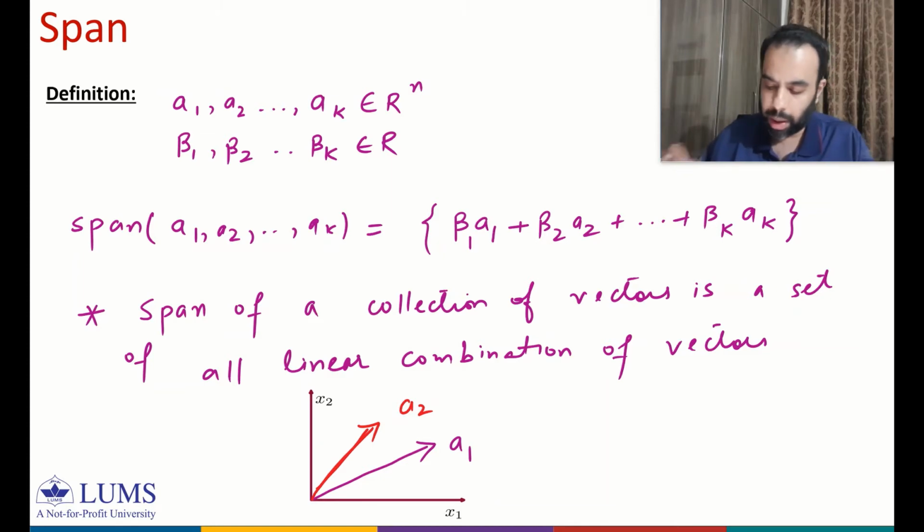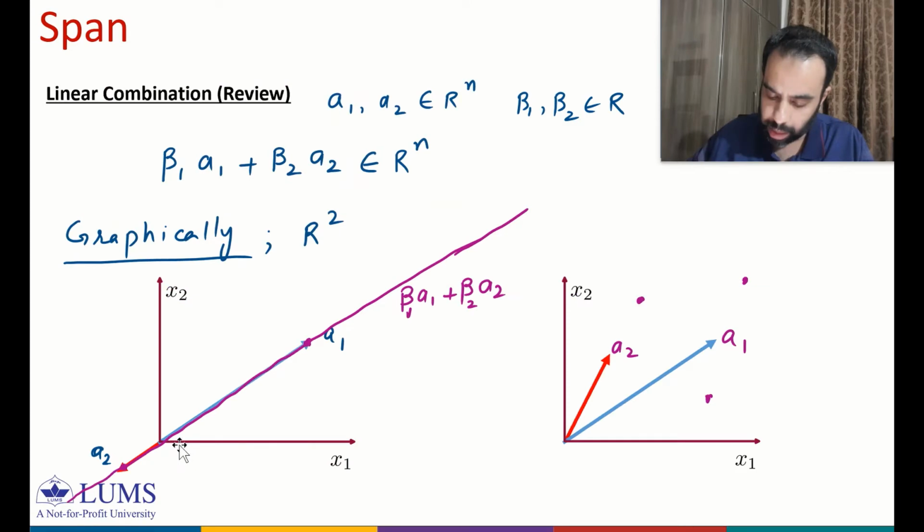But if A1 and A2 are collinear, as we had in this case, the span of A1 and A2 would be a line that belongs to R2. And similarly, when we talked about the 3D setting, when we took two vectors that were not collinear, the span of those two vectors represents a plane.